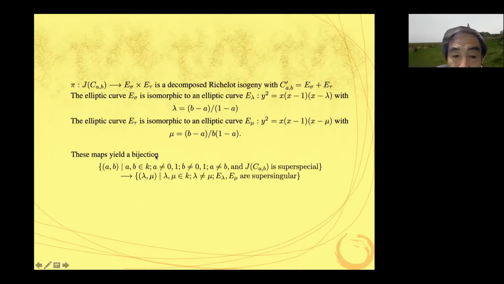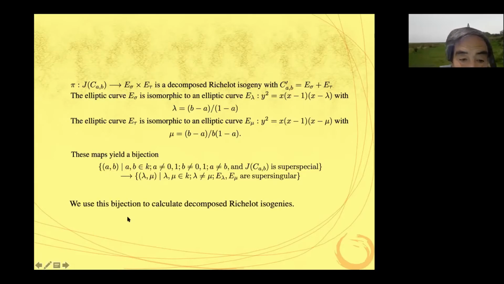This map is a bijection from the set of (A, B) to (lambda, mu), like this. This is a bijection. So using this set, anyway, we can count the number over here. So we can also count the number over here. So we use this bijection to calculate decomposed Richelot isogenies.